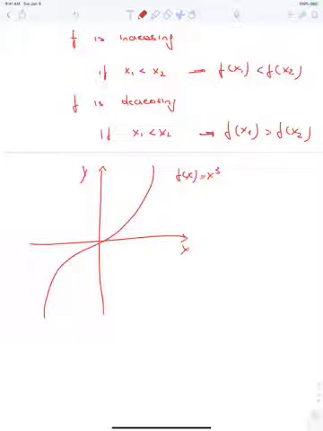This is a strictly increasing function because for any x1 less than x2, f of x1 is going to be less than f of x2. So as long as x1 is less than x2, then f of x1 is less than f of x2.